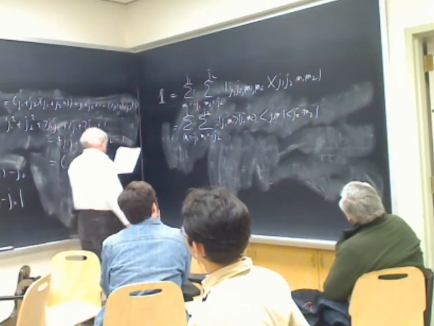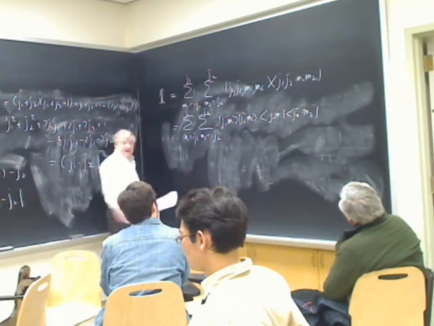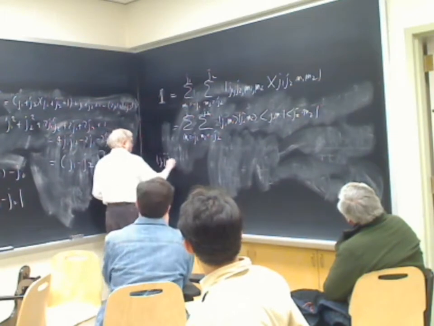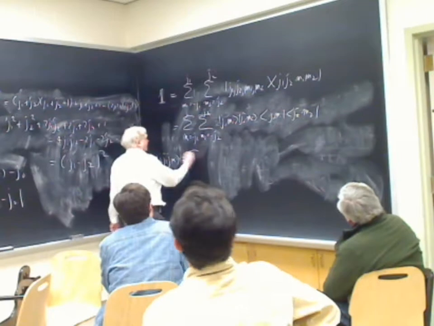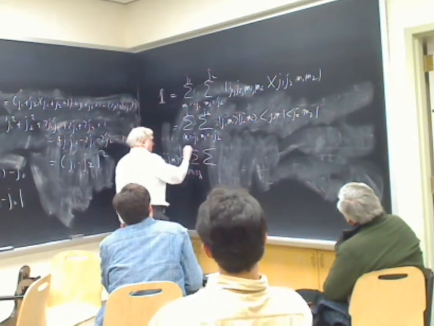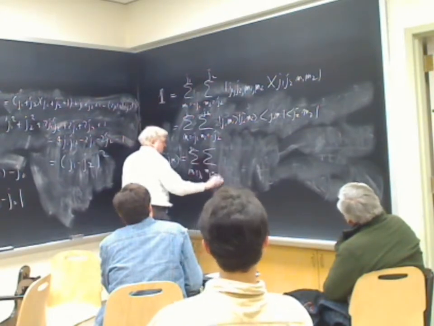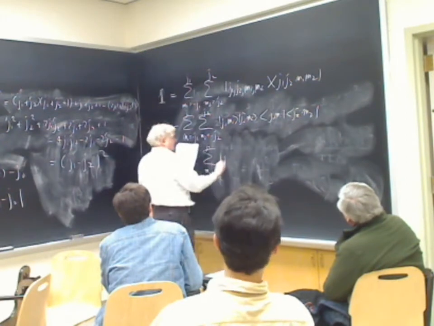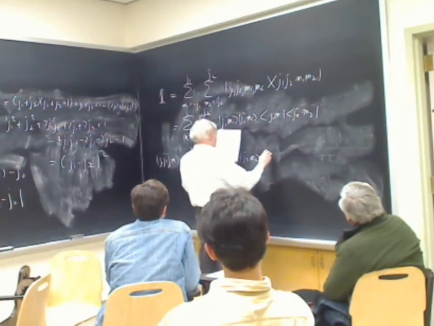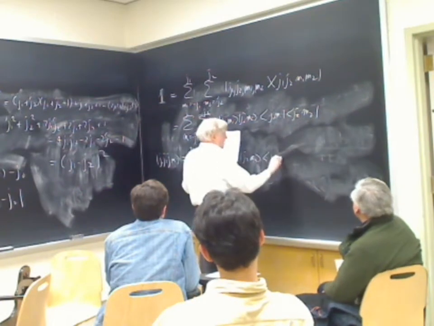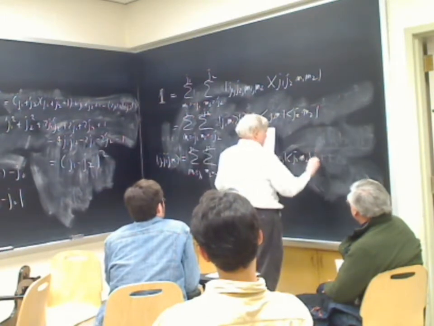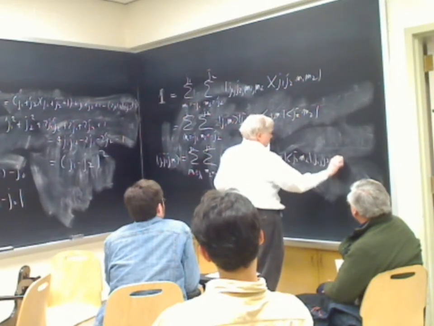Okay, so that's the identity operator. It must then be true that if we multiply from the right by a state from the second basis, namely |J1, J2, J, M⟩, this is equal to the sum m1 equal to minus j1 to j1, m2 equal to minus j2 to j2, of |j1, m1, j2, m2⟩ times the inner product of ⟨j1, m1, j2, m2| with the state |J1, J2, J, M⟩.